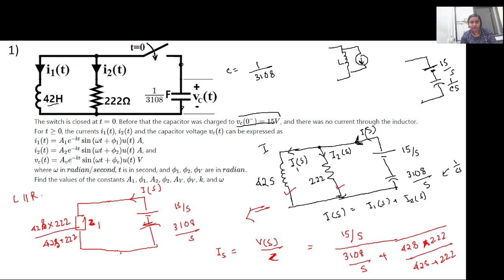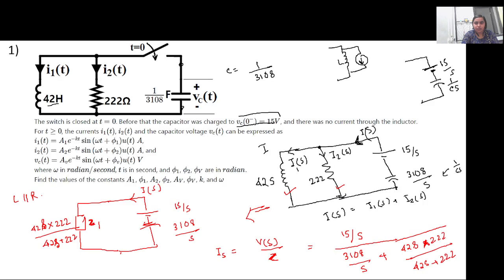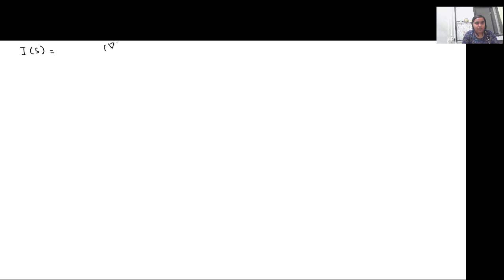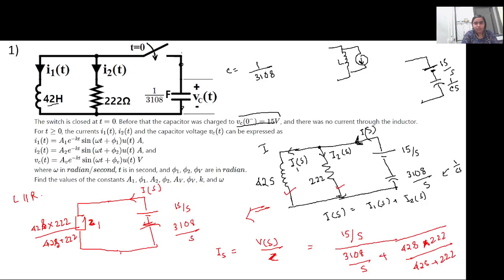Yes, ma'am. Okay. So now we simplify this expression. So we have I(S) equal to 15 by S, let's simplify the denominator first.